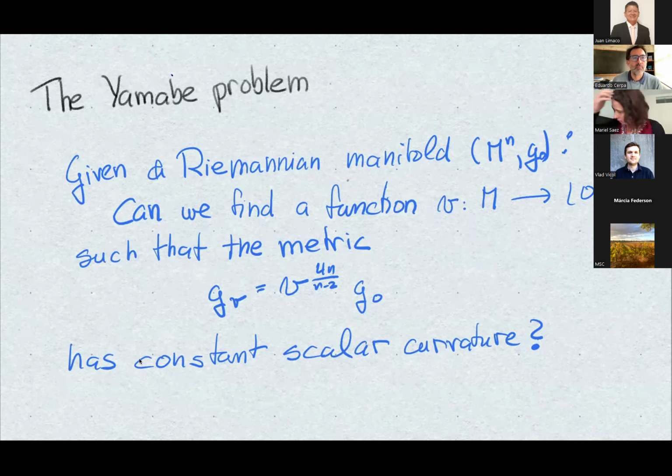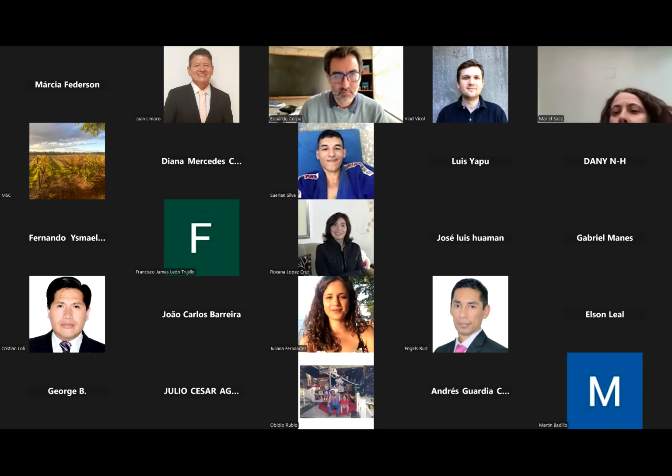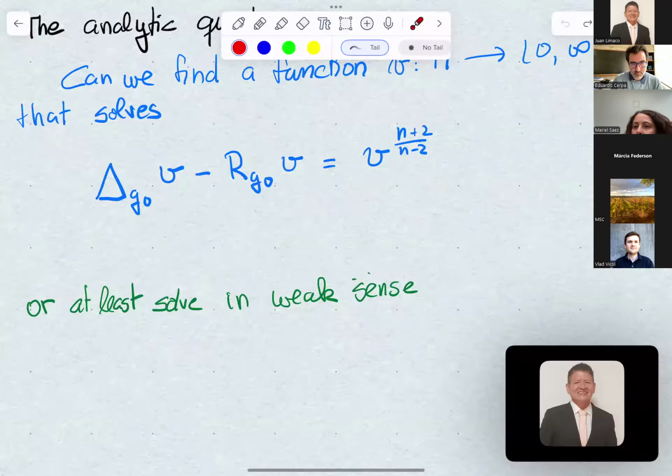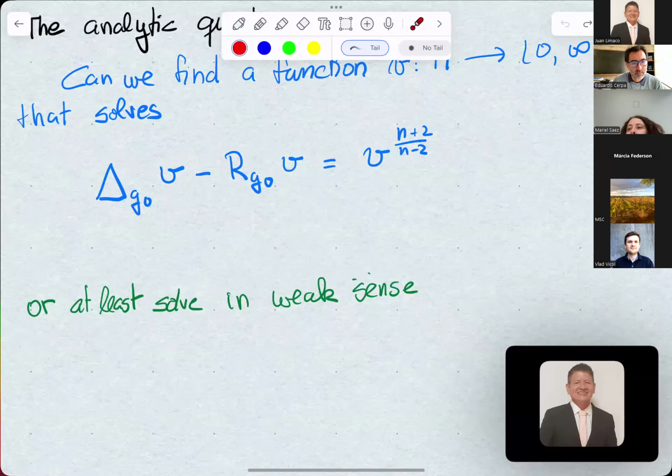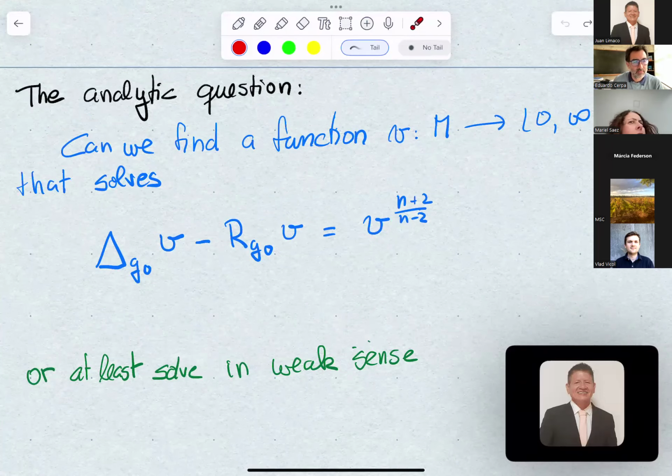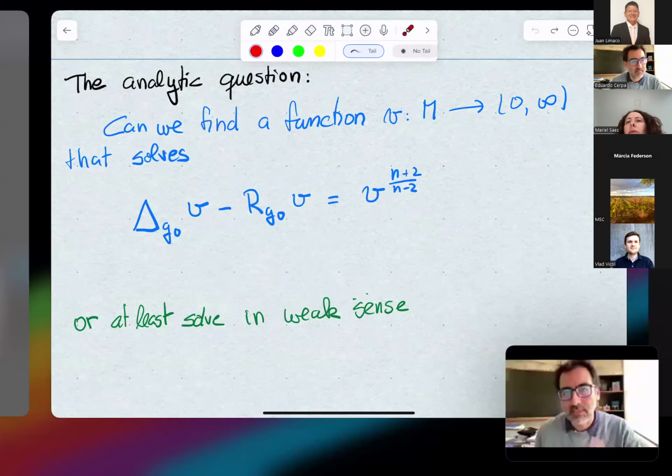Okay, where's Zoom here? Okay, I don't know if you can see the screen now. Can you see the screen? Yes, it's okay. Okay, now it's fine.